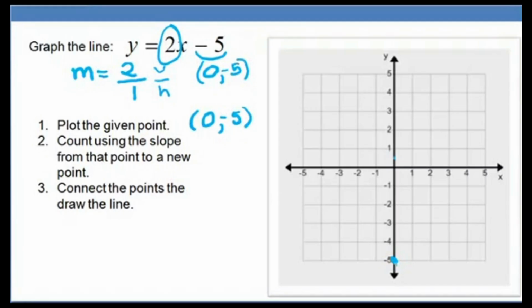From there, we're going to count with our slope. So we're going to go up 2 spaces or rise 2, and we're going to go across 1 space to the right because it's positive. Make a new point, and then we will connect those points to draw our line.